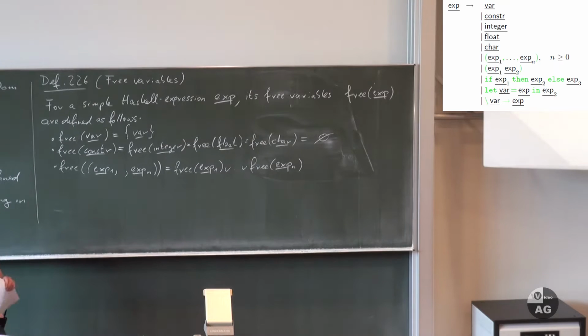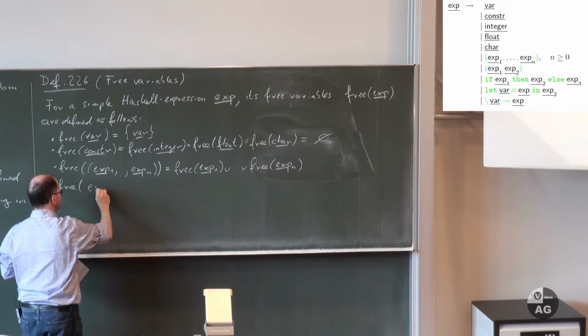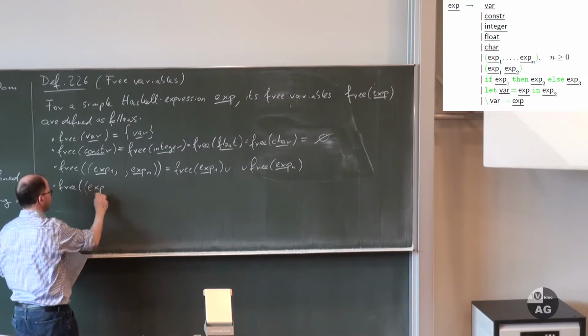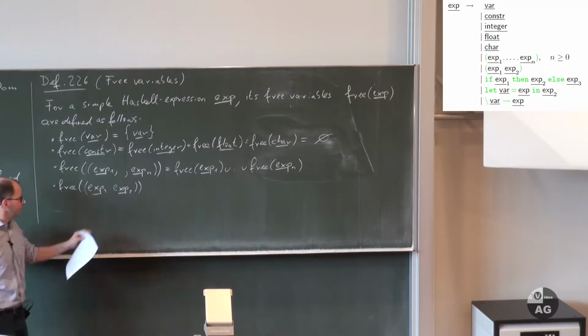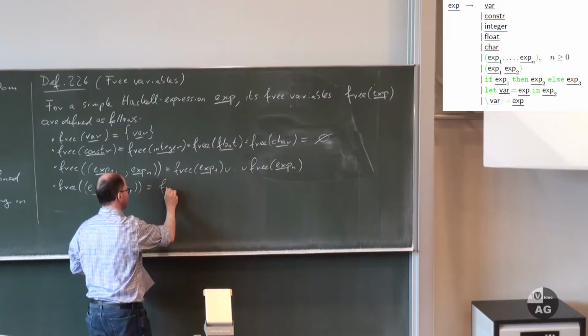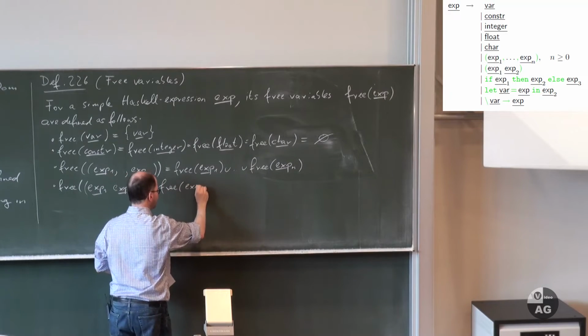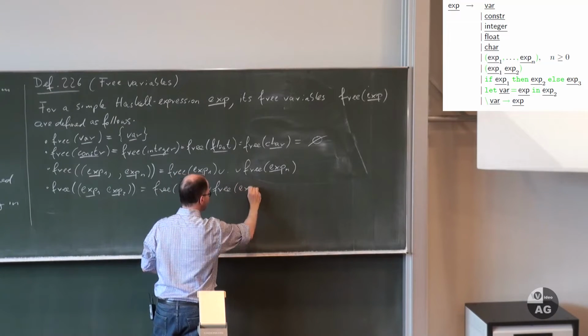What's the next thing? The next thing is application. So what are the free variables of the expression where we apply x1 to x2? Well, that's also simple. We just take the free variables from both of these sub-expressions. So the free variables of x1 united with the free variables of x2.